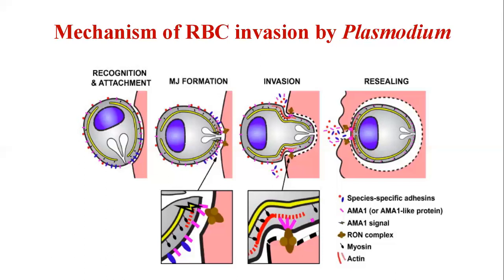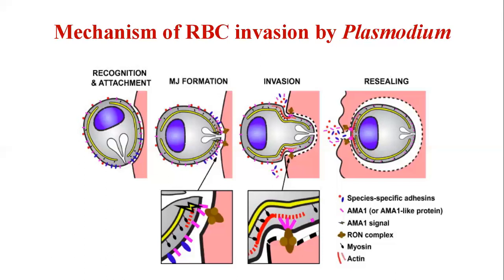This particular junction is known as the moving junction. It provides a strong anchor point on the host cell, and it is actually developing endocytosis.